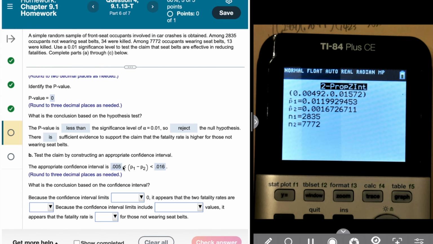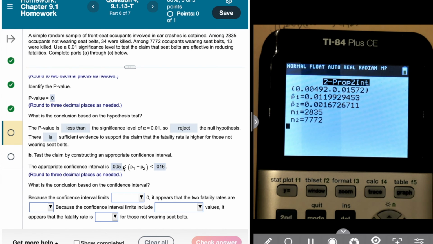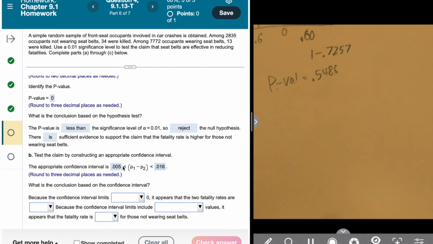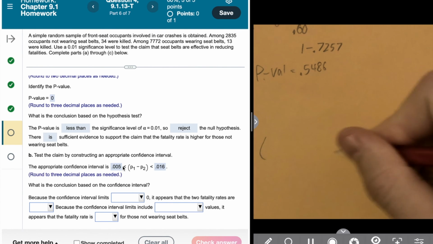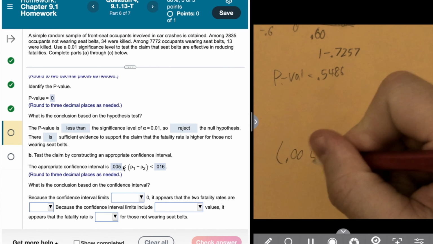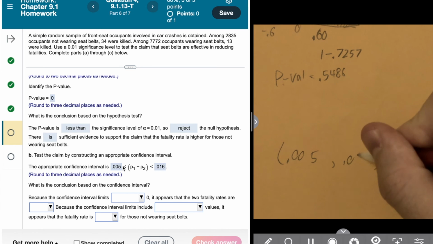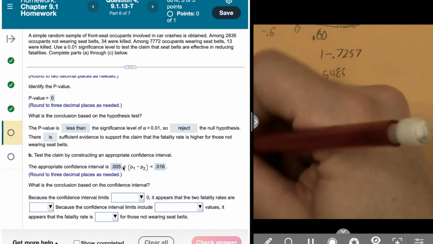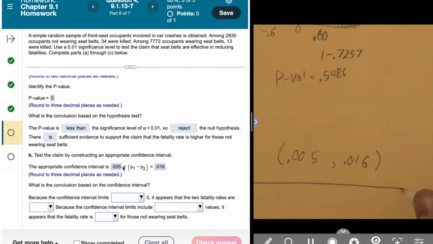Here's the idea about these very small numbers. These small numbers are all greater than 0. So let's write this down. My confidence interval sits between 0.005 and 0.016, but 0 is somewhere over here.